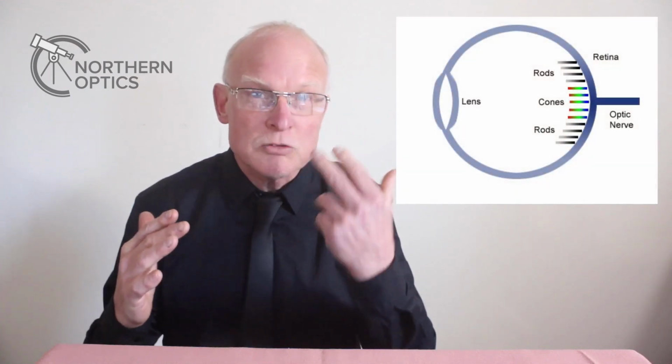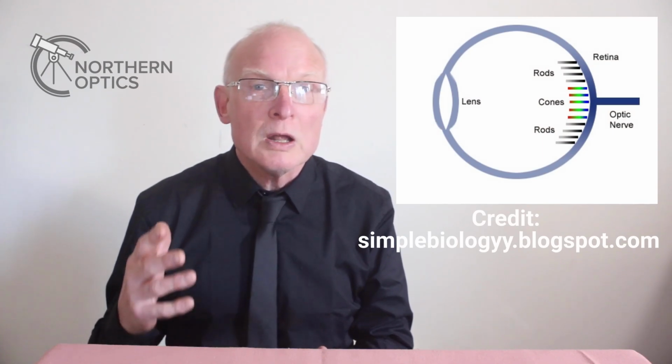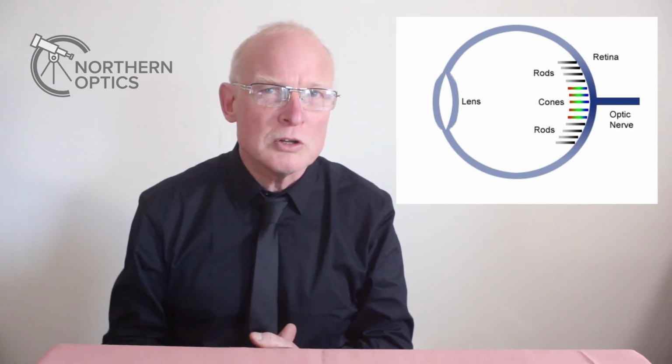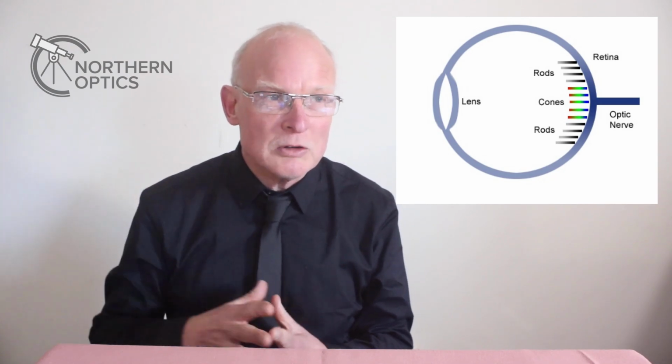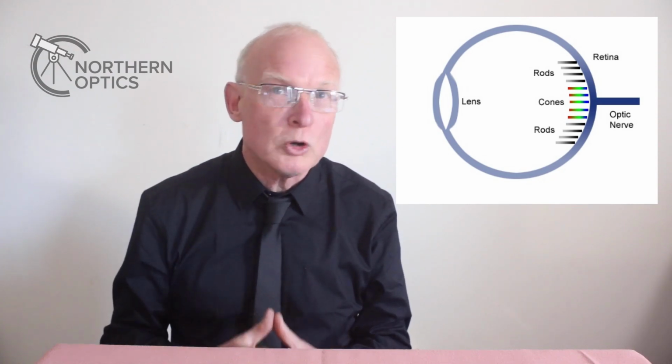And so what is averted vision, and how can you use it to your advantage to pick out faint objects in the night sky? Well, in the back of your eye, behind the lens, in the centre, there's something called cone cells. These pick out colour and detail, but are not very sensitive to light. But in the outer edges of the back of your eye, there's something called rod cells.